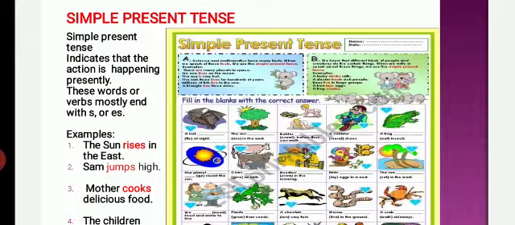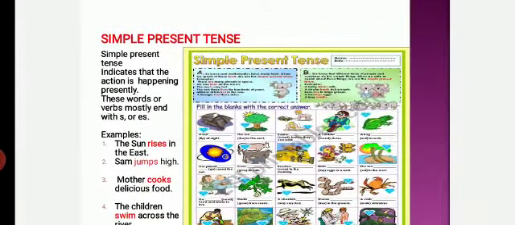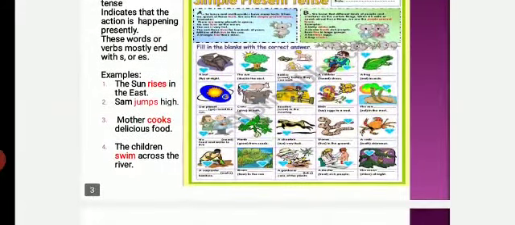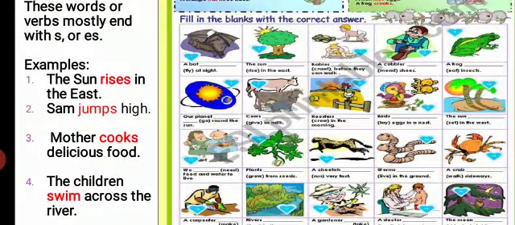For example, the sun rises in the east. Sam jumps high. Mother cooks delicious food. The children swim across the river.